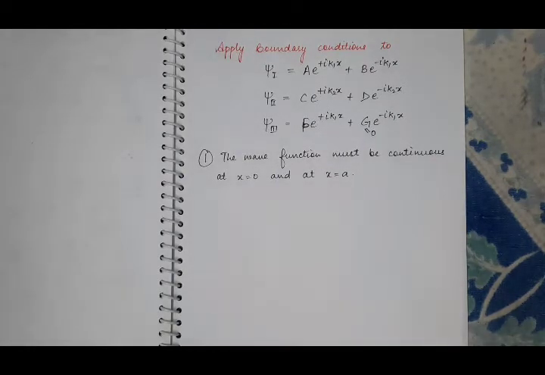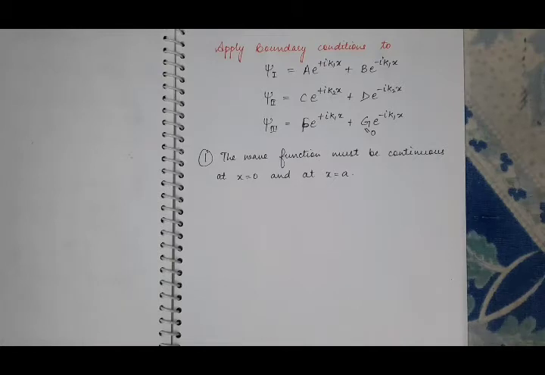What are the boundary conditions? There are two boundary conditions: the value of the wave function must be continuous at the boundaries. And what are the two boundaries here? One is at x is equal to 0 and another one at x is equal to a. So the value of the wave function must be continuous at x is equal to 0 and a.